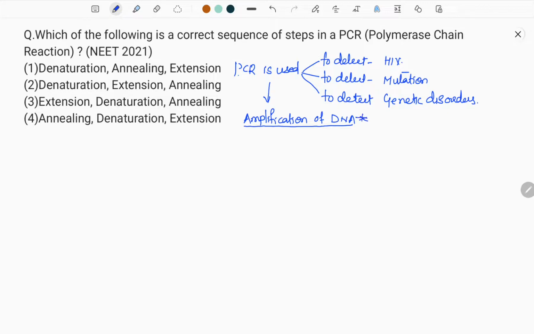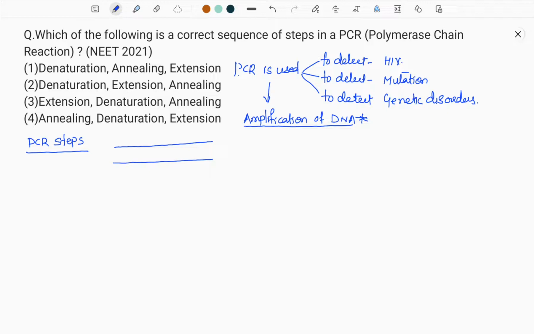How is this amplification done? That is the concept of PCR. If you see the process of PCR, it is done in three steps. The first step, let me write here, PCR steps involved. The first one is that, you see, this is double-stranded DNA, that is the sample DNA that is placed inside the thermocycler.